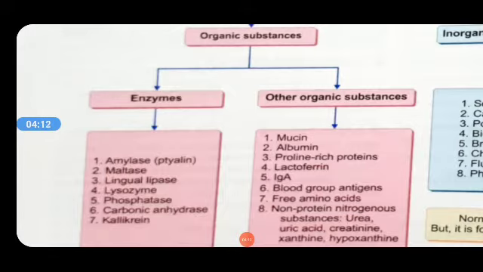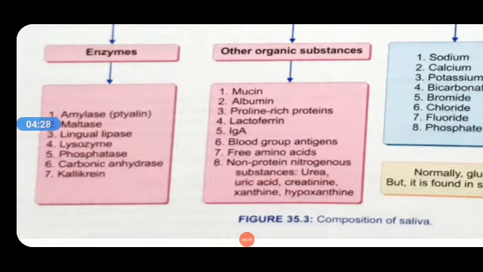Then the other organic substances are mucin, albumin, proline-rich proteins, lactoferrin, IgA, blood group antigens, free amino acids, then non-protein nitrogenous substances like urea, uric acid, creatinine, xanthine and hypoxanthine. Okay, these are the other organic substances.